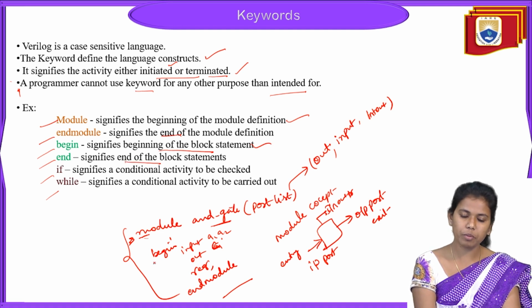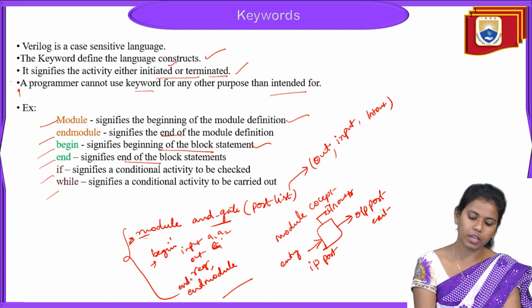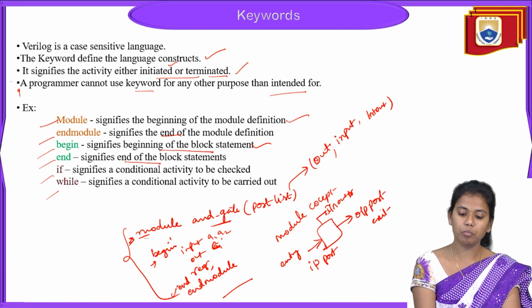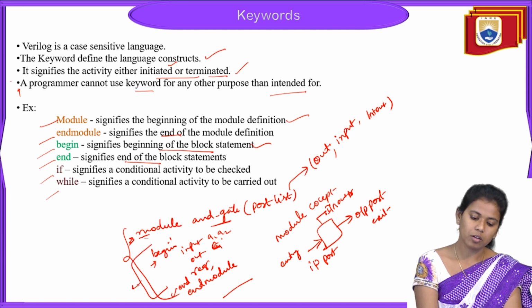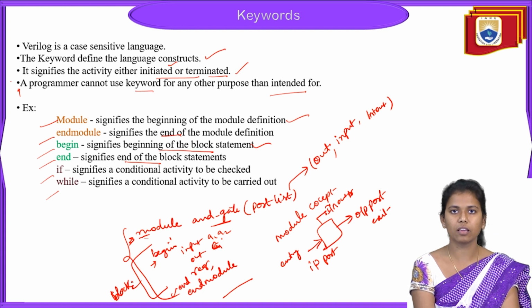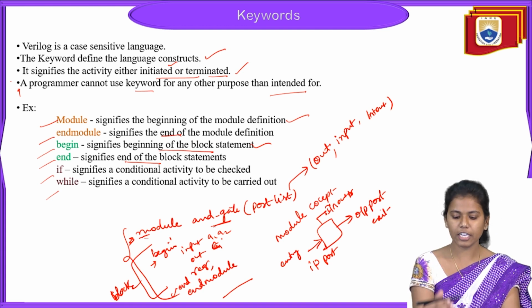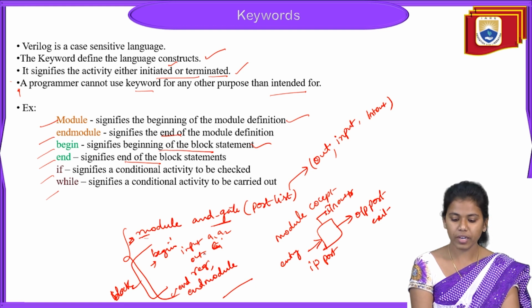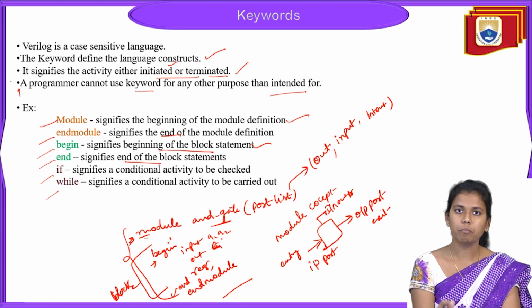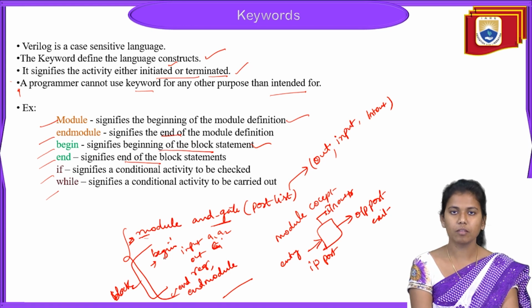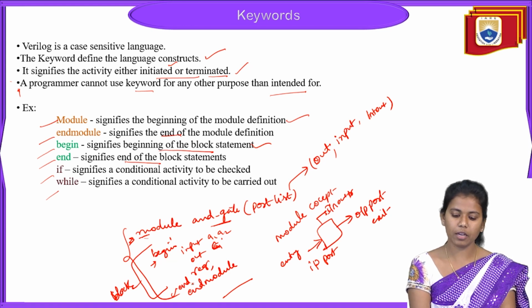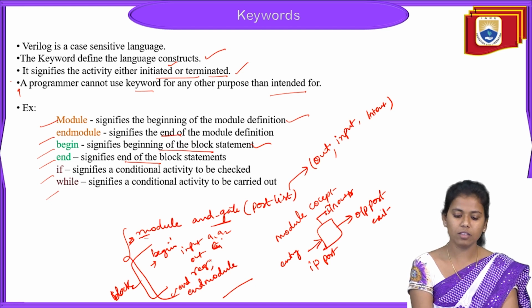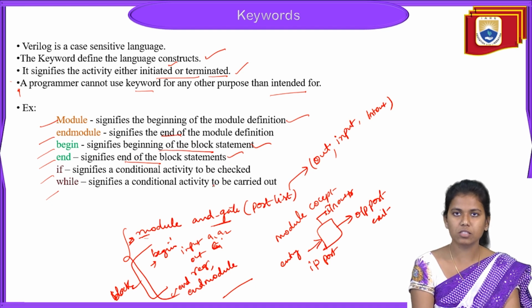That means once we begin, we must end it, right? Somewhere else we end the block statement. These are statements regarding the particular block that you are considering. If it is an AND gate, the AND gate specifications would be written over here. In order to write that block, we mention the keyword begin to start, and to end up, we end with the keyword end. This is all we see in the block statement.